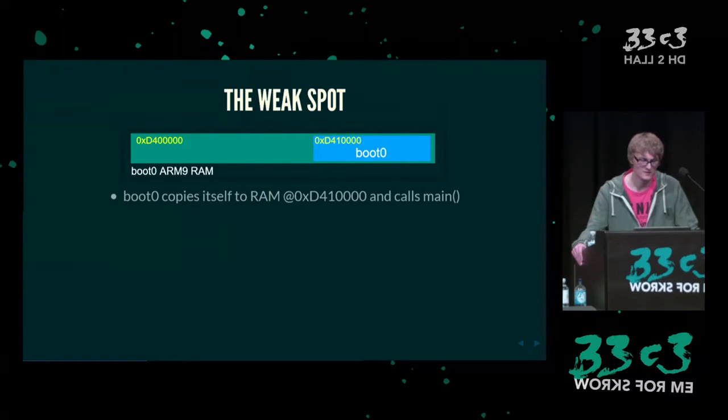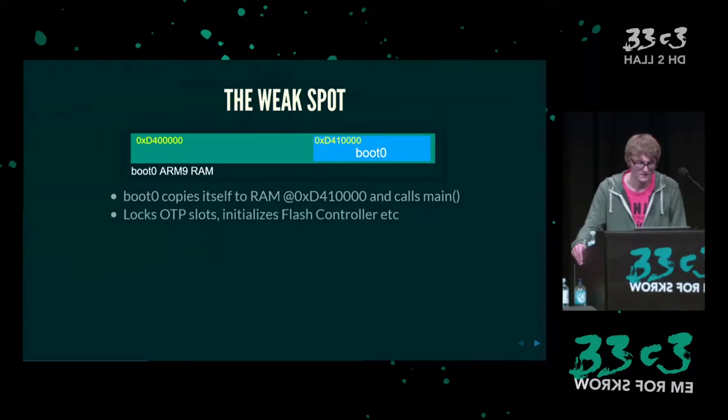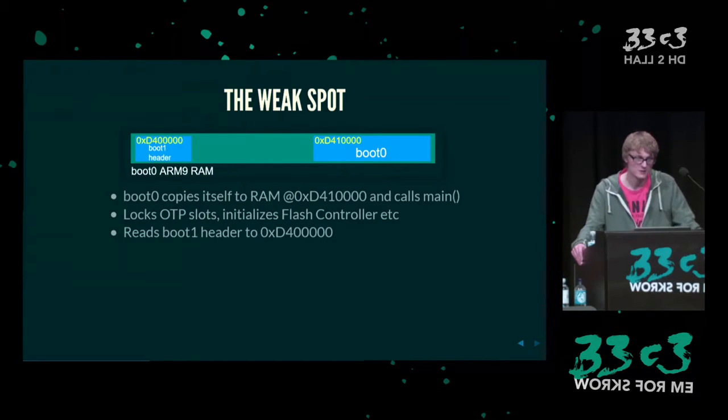There's no good reason to do this, but it's nice for us because it copies itself to RAM and just executes from there. Then it copies the boot 1 key to memory, locks out the OTP slot, initializes some other stuff in the flash controller, and then it starts reading the boot 1 image. It does that by just reading its header to this address.